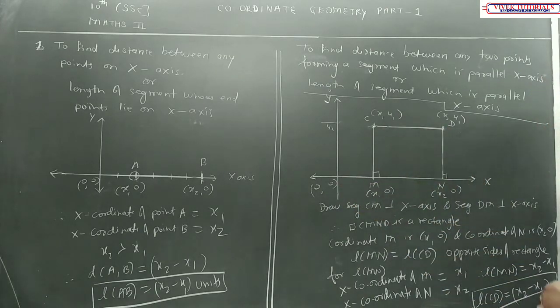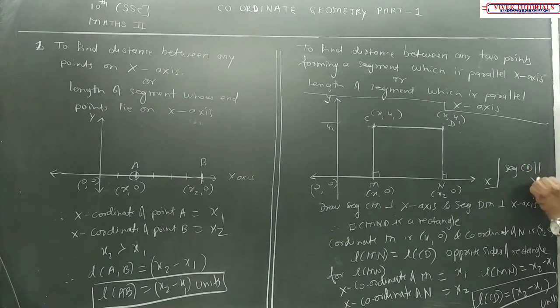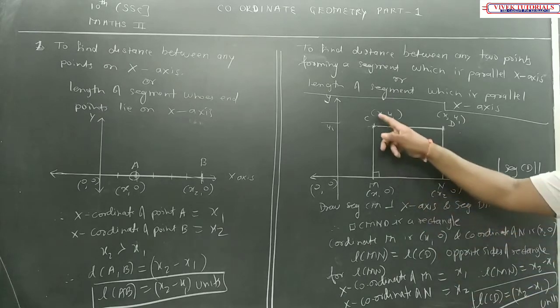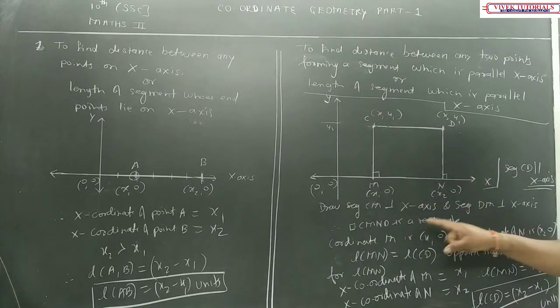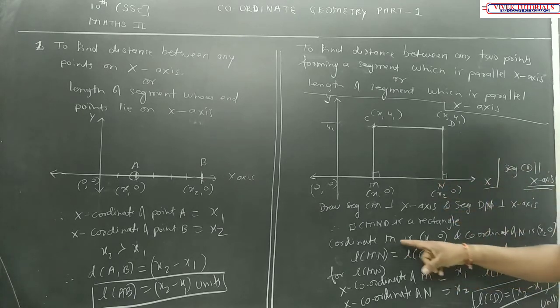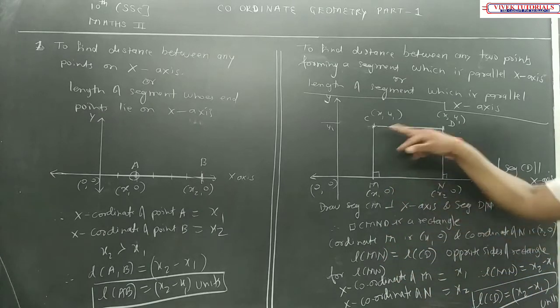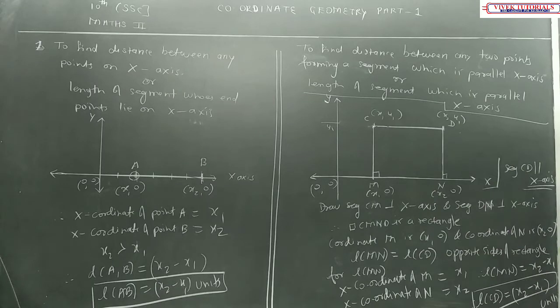So segment CD is parallel to the x-axis. Now what I did, CM perpendicular to the x-axis, and DN is also perpendicular to the x-axis. Now it forms a rectangle. So I know that the coordinate of point M is x1 comma 0, the coordinate of N is x2 comma 0, and length MN is equal to CD because they are opposite sides of a rectangle.